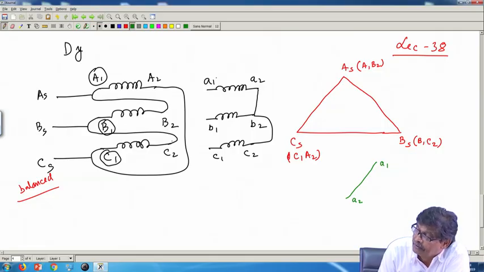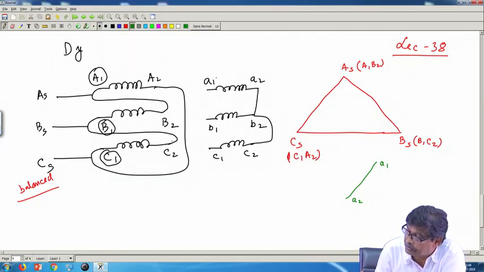Got the point. Similarly, B1, B2, the voltage applied across the primary of the B transformer. Where is B1? Where is B2? This is B1, this is B2.